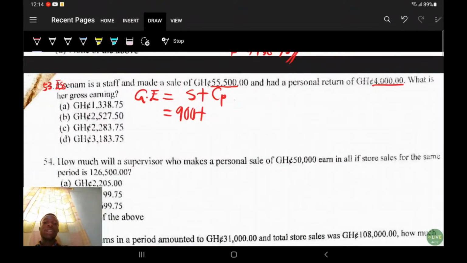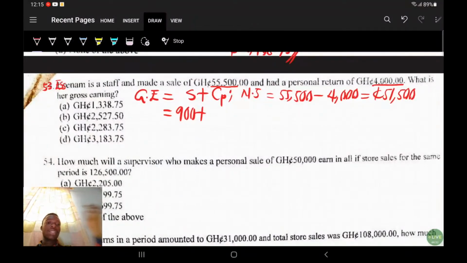Net sales, NS, is going to be the total sales of 55,500 minus 4,000. So at the end of the day, you should have net sales of 51,500.